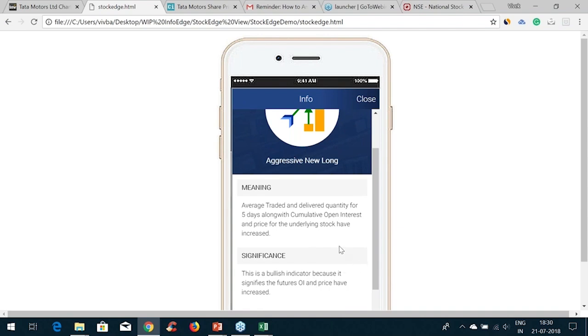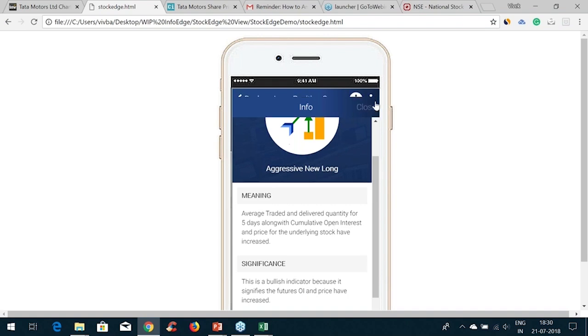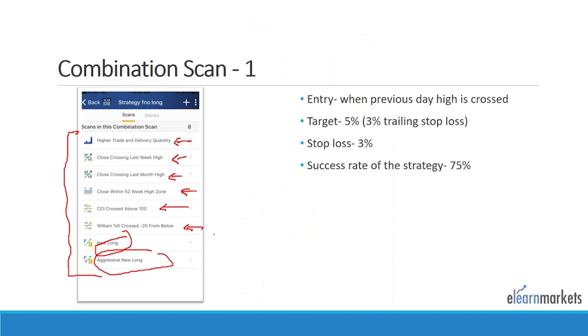If there is a stock where the delivery is high and there is a long position in the market, that's how we call it an aggressive new long position. So once we have these, we get certain stock outputs in this window called stock window. You will get limited stocks, but whenever you get a stock here, there is a very high chance of some kind of a breakout in that particular stock.